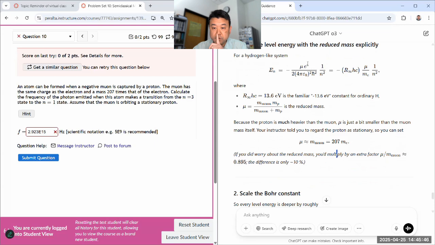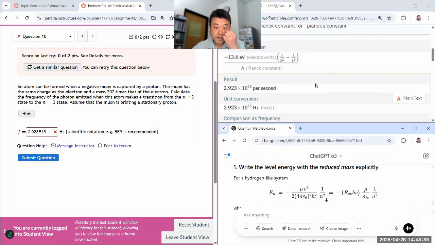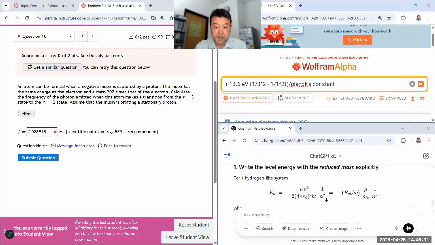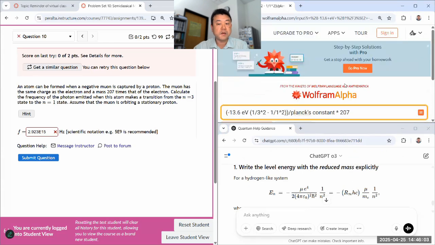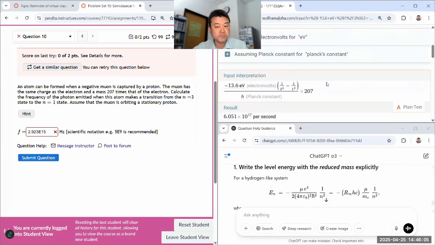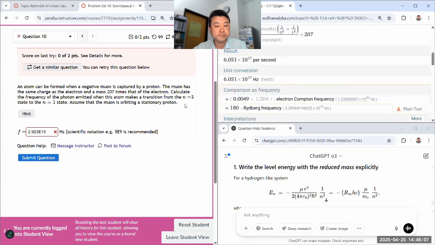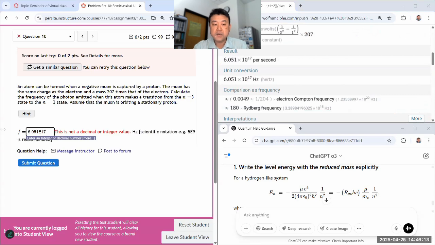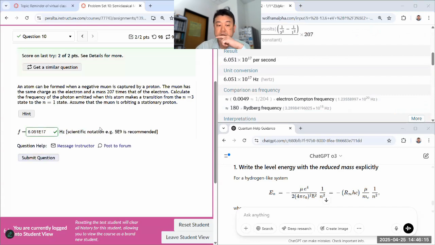Here the energy goes linear with mass. So if I just multiply by 207, I would get the answer I should get with just the muon mass replacing the electron energy. And I think that's actually a wrong answer.